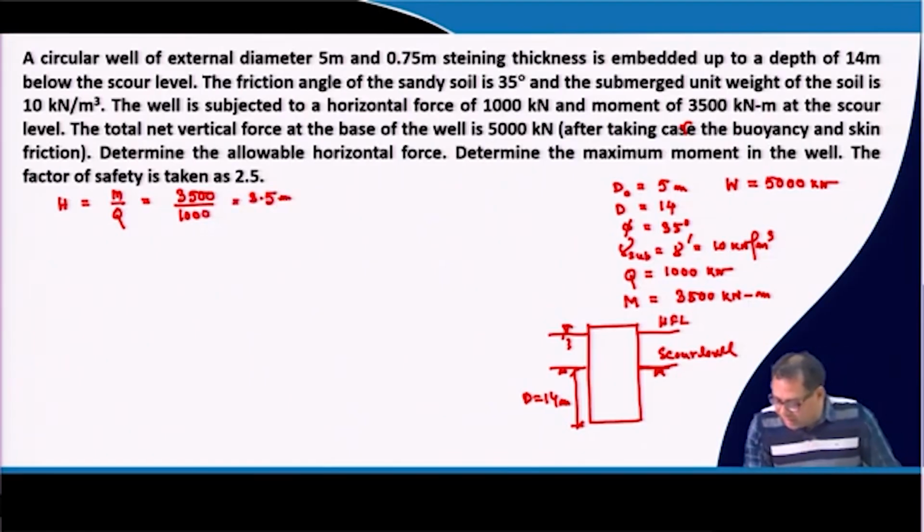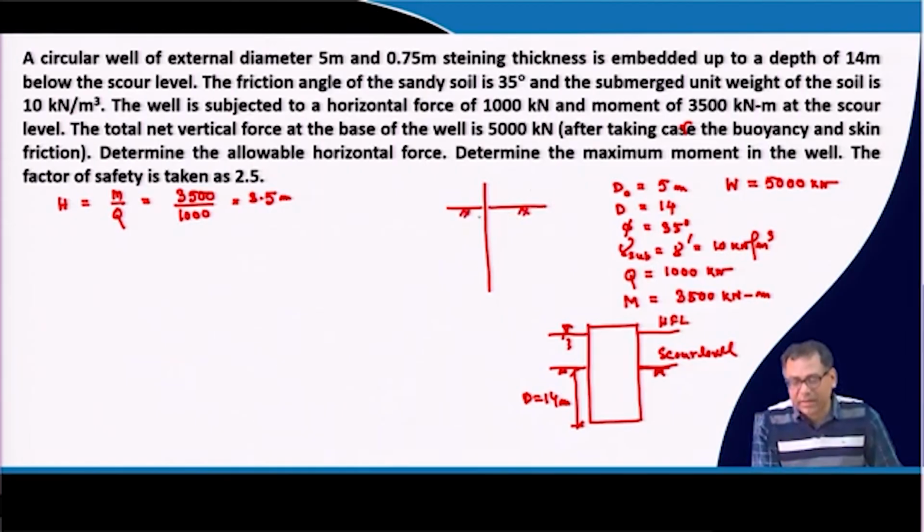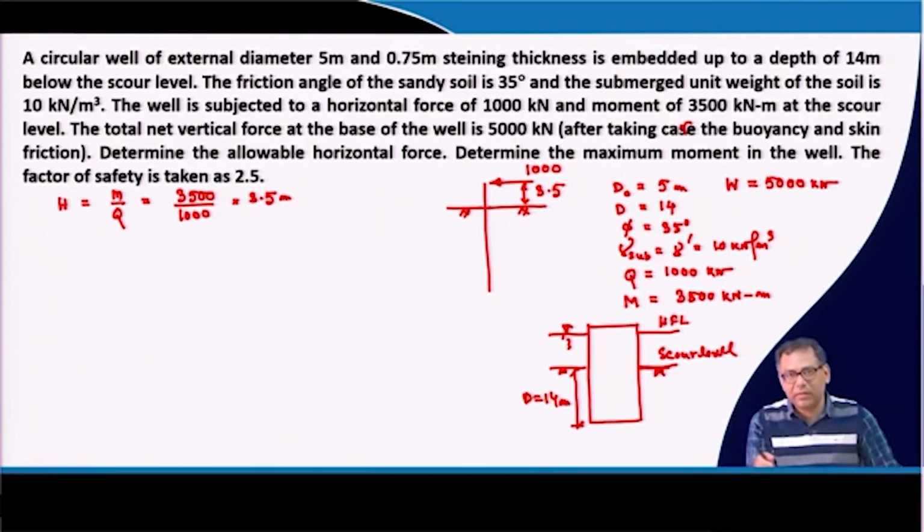Now suppose this is the well and this is the scour level. Initially the horizontal force was applied here. Now we are applying this 1000 kilonewton at H value of 3.5, so it provides a moment of 3500 kilonewton meter, and at the same time the horizontal force of 1000 kilonewton is also acting.